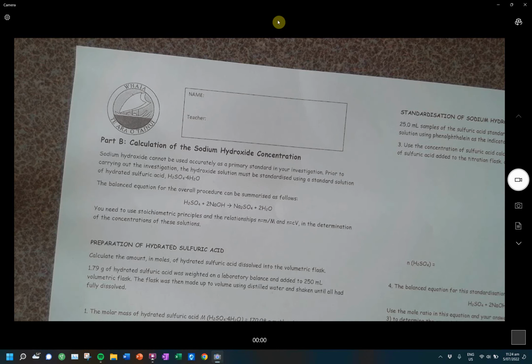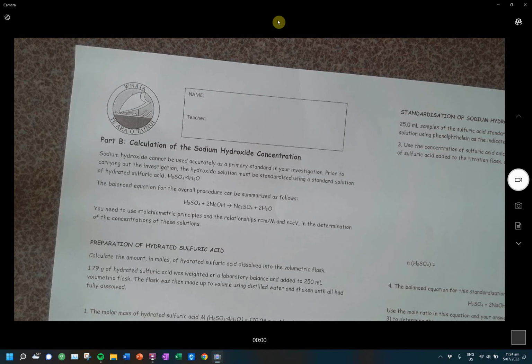Now, before you guys do that titration, I need to verify that that sodium hydroxide is the right concentration. So I'm going to do a pre-titration step before you guys do your titration. So this Part B is the pre-titration step. So this one is being used to verify that my sodium hydroxide is at the concentration that I've been saying it is at.